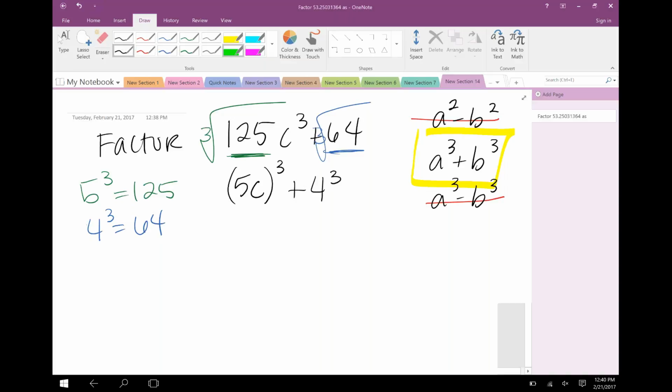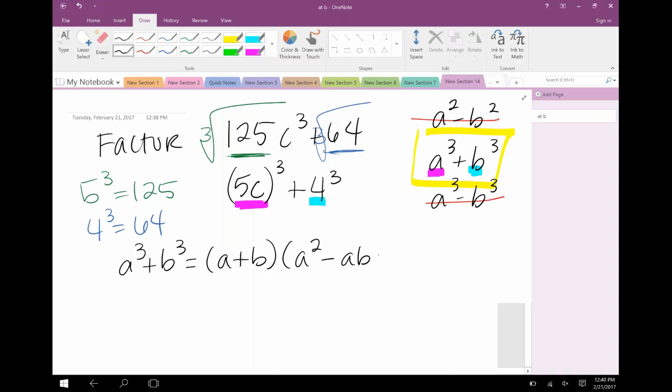So now you can see that, let me use some colors here. This is your A, 5c is your A, and 4 is your B. So let's write the factor pattern. So it's a cubed plus b cubed equals a plus b times a squared minus ab plus b squared.